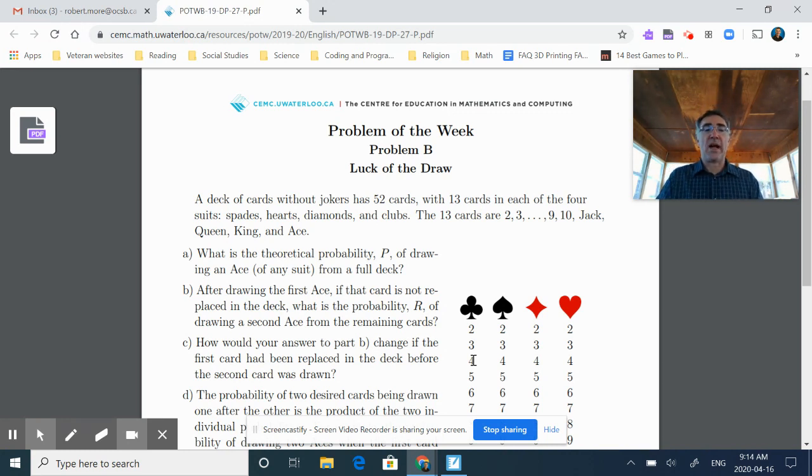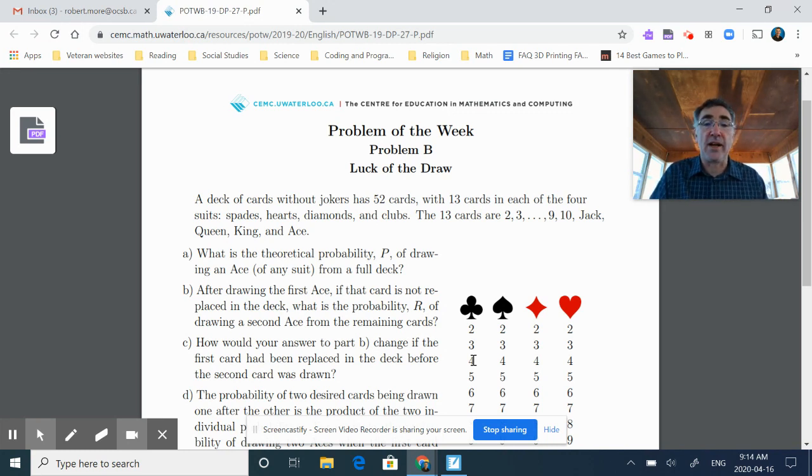And so we recognize at that point, after we've drawn that card, again, it's asking, how many aces do I have left in the deck, and how many cards do I have left? And if it's not replaced, that means there's only 3 aces left, and there's only 51 cards left. And so for B, I would be looking at that probability of 3 to 51. And of course, I'd want to put that down into lowest terms.